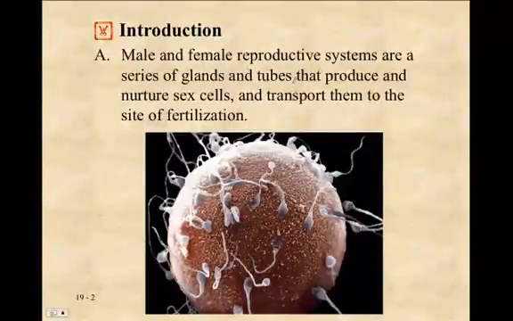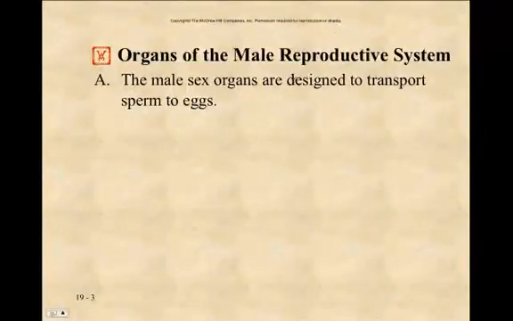So we're not just talking about testes and ovaries, but all the other parts associated with transferring and bringing in gametes, and supporting the development of a new fetus. We will talk about all of those parts in this lecture.